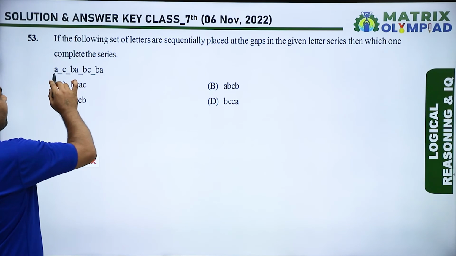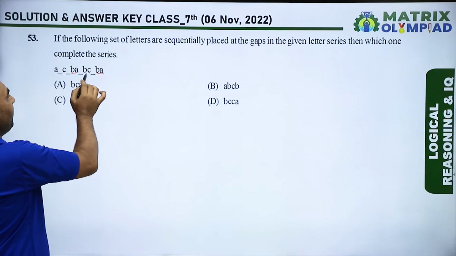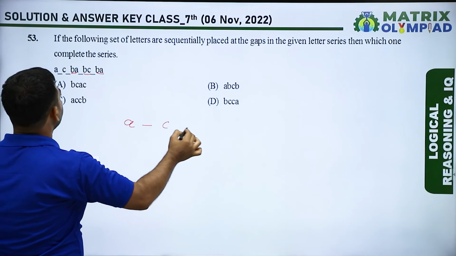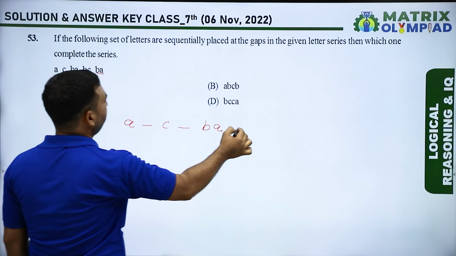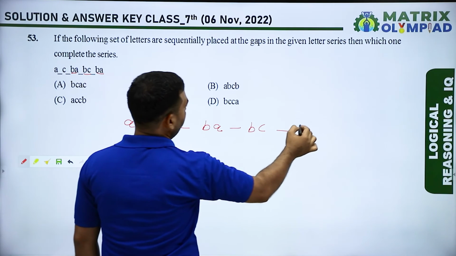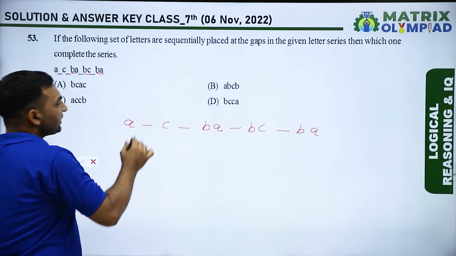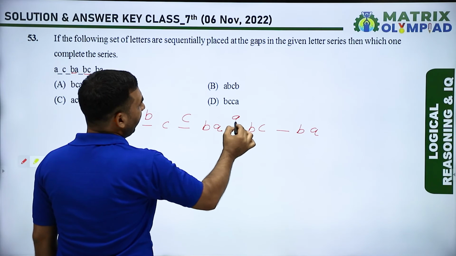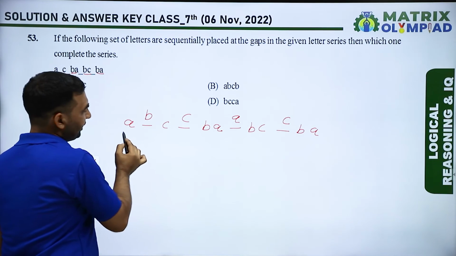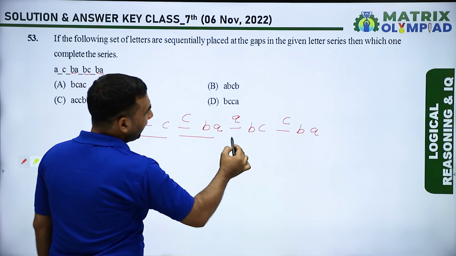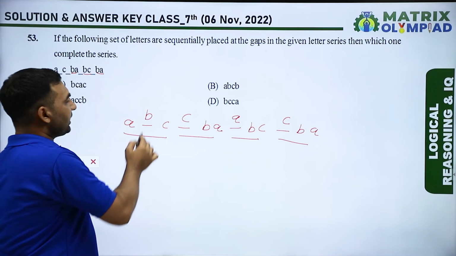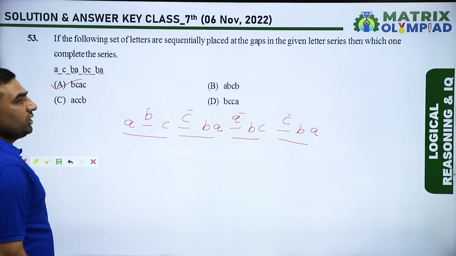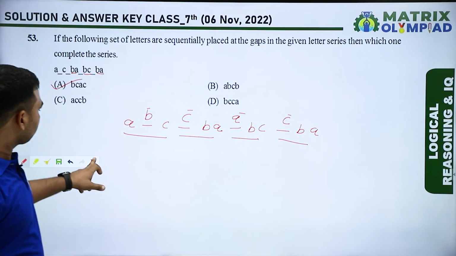As you see, the series is A B C C B A A B C C B A. Our answer is B C A C. Option A is the correct answer.